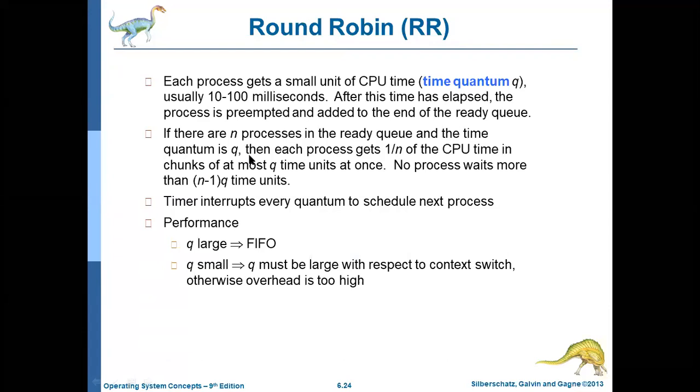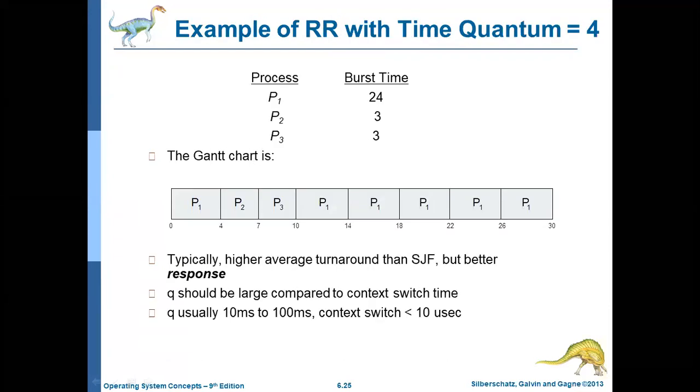Let's go through this problem. This is the example for round robin scheduling with time quantum as 4 milliseconds. For each and every process, the time slice will be assigned as 4 milliseconds. Within the stipulated time, the process is executed.